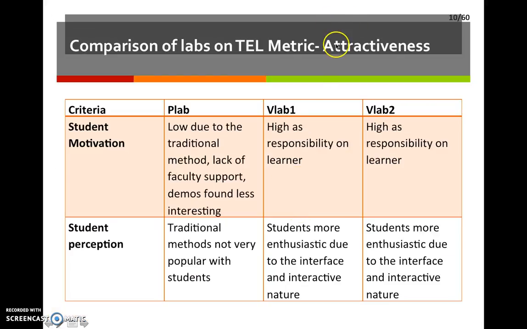Then the third metric, attractiveness, is based on two parameters, student motivation and student perception. Again, with virtual labs with simulation and hardware, students find it more attractive because they are more motivated to learn, because they have a high responsibility of learning, and students are more enthusiastic due to the interface and the interactive nature of the virtual laboratories.